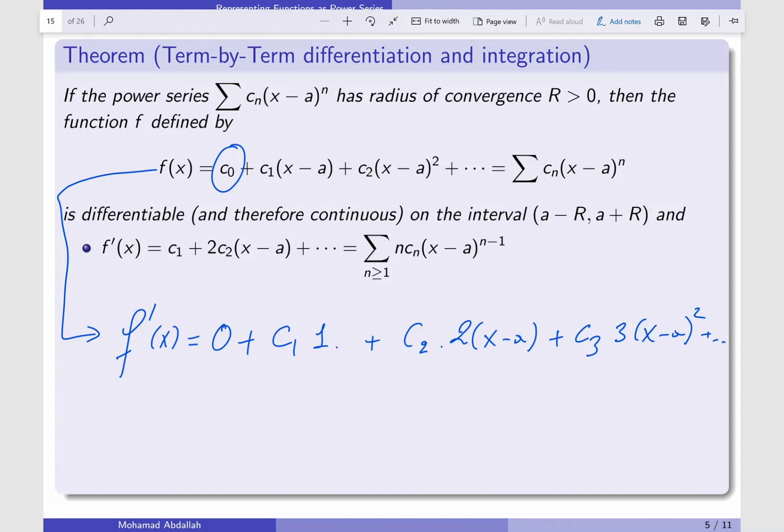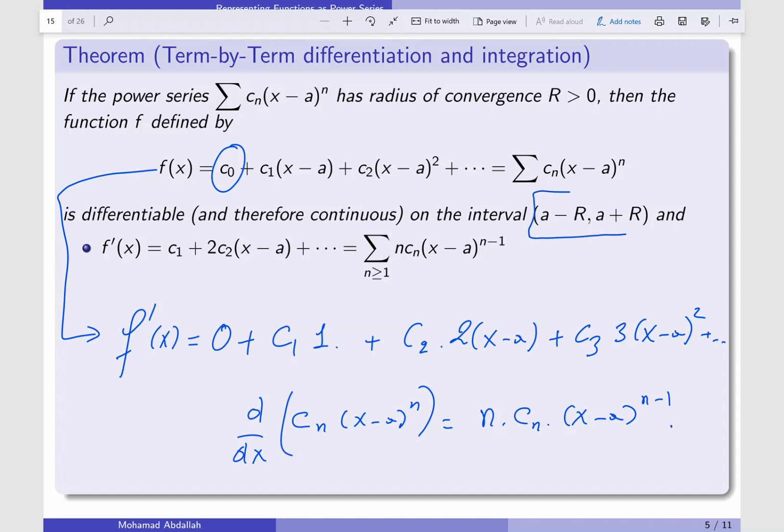Okay, so in general, when you have the general term c sub n times (x minus a) to the power n, when you differentiate this term with respect to x, you get n times c sub n times (x minus a) to the power n minus 1. So you can differentiate term by term. But when can you do this? You can only do this if you know that x is in the interval.